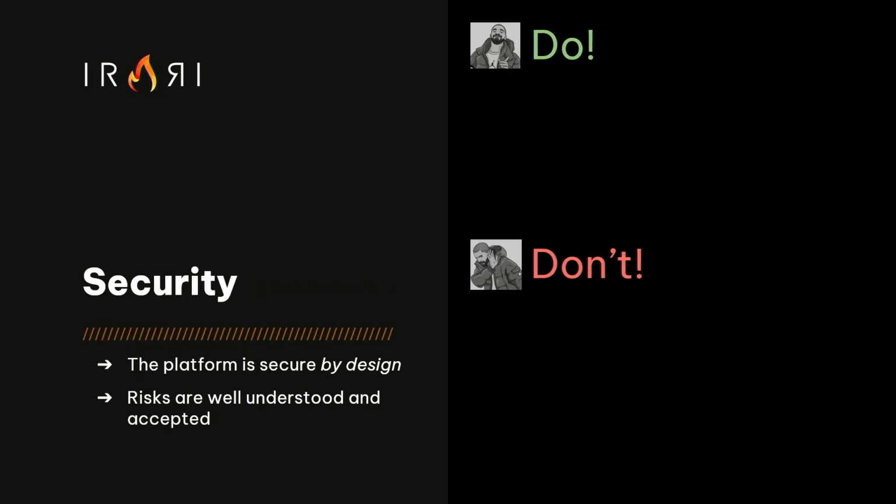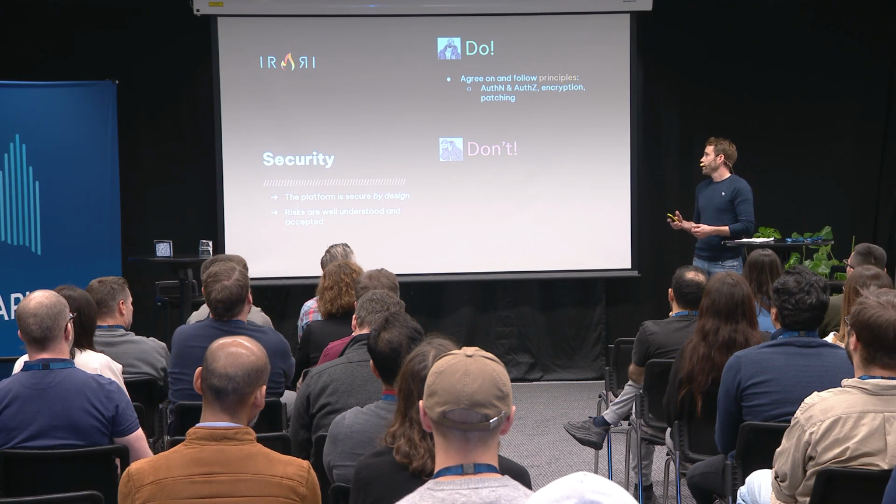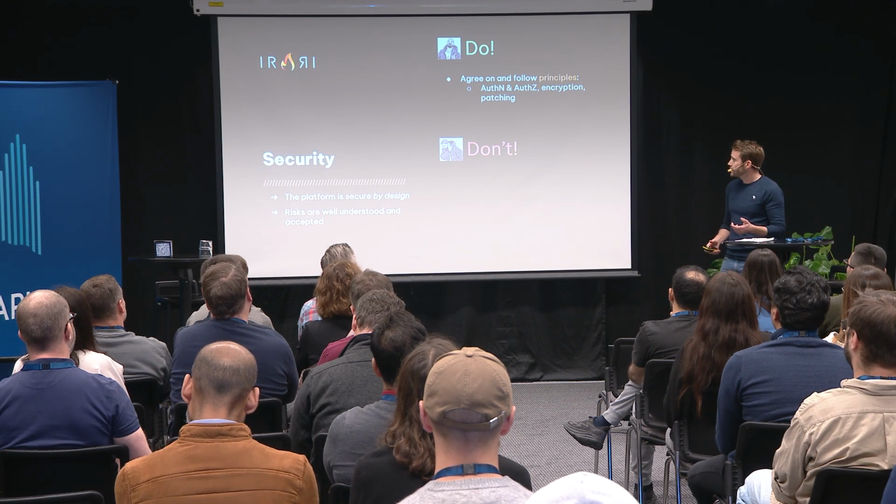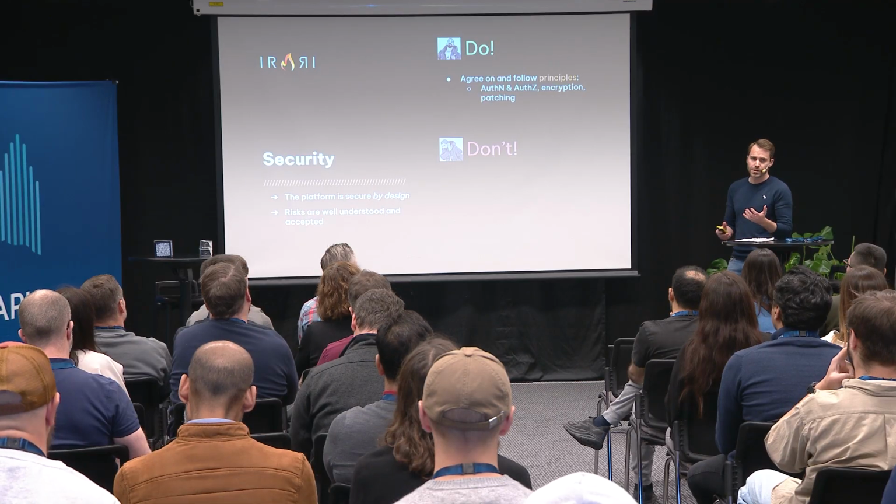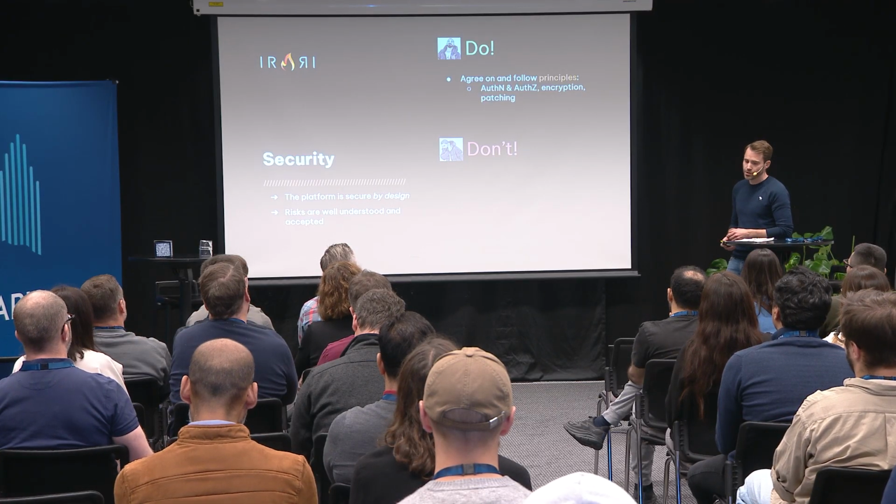So moving on to security, what should we do there? Well, I think it's important to have some principles that we design and agree upon, and that's mainly in these areas of authentication, authorization, how we do encryption, what kind of patching frequency we use, and so on.